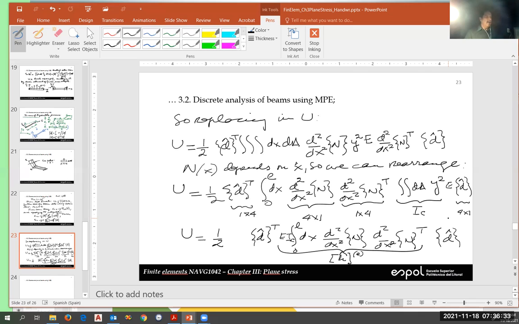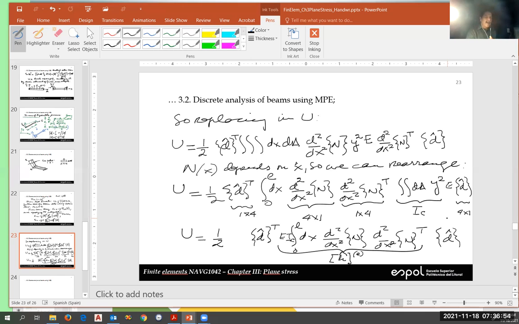Okay. Any questions so far, people? We did this in chapter 2, in the previous chapter, using the direct method. We considered, remember, the equilibrium of forces and moments of the two joints directly.